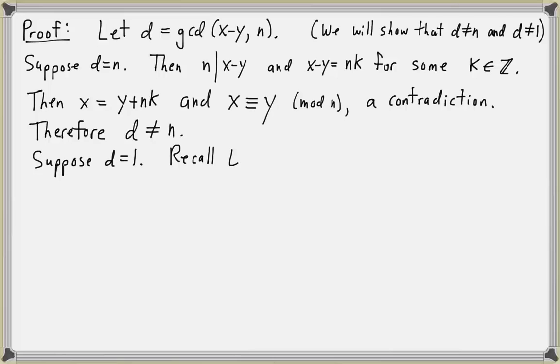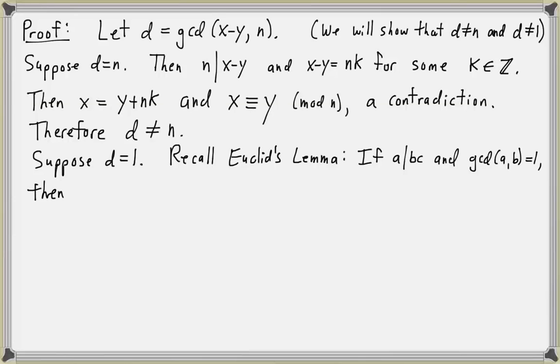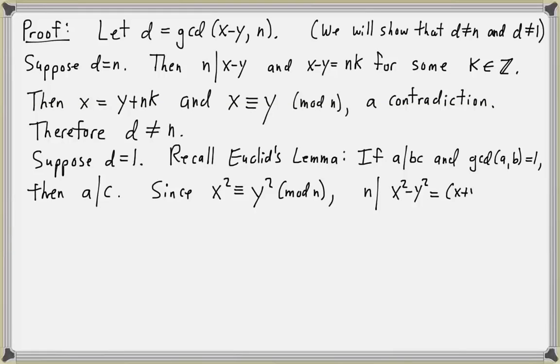Recall Euclid's lemma, which states that if A divides a product BC, and A is relatively prime to B, then A must divide C. Since x squared is congruent to y squared mod n by assumption, we see that n divides x squared minus y squared, which I can write as the product x plus y times x minus y.